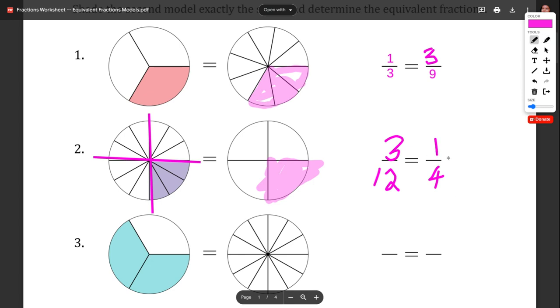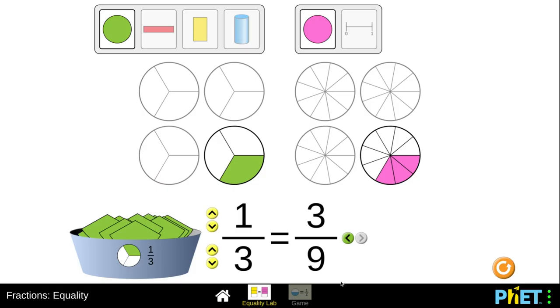So 2/3 have been colored in this circle. We're trying to find something out of 12. If you count all the pieces, the bigger number goes in the denominator usually. So we just do it like that. What out of 12 would equal 2/3?